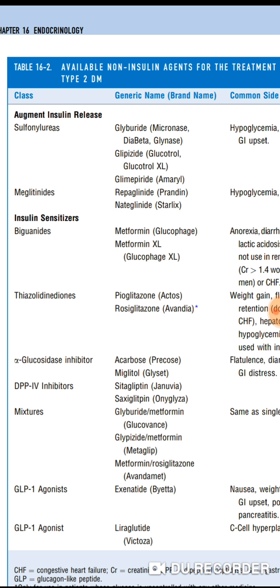Which drug to use depends upon the patient's lifestyle and options. So if the patient, as I told you, is at risk of hypoglycemia, don't use sulfonylureas. The best option to start with is metformin.